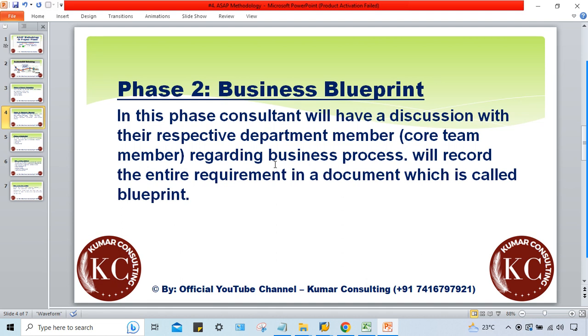It's a kind of agreement that both parties agree that these are the processes that will be configured into SAP. So this blueprint is the final document, and once the sign off is done, we'll proceed further and enter into the next phase.